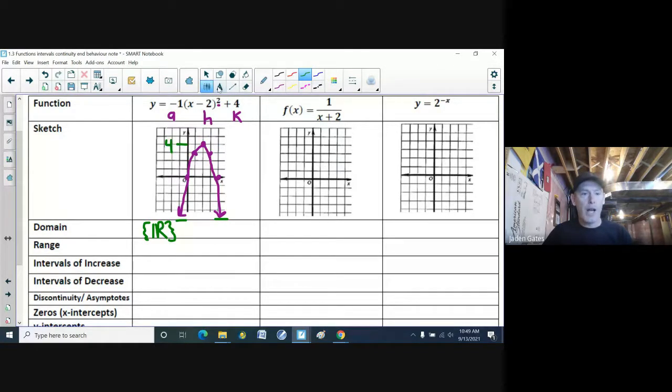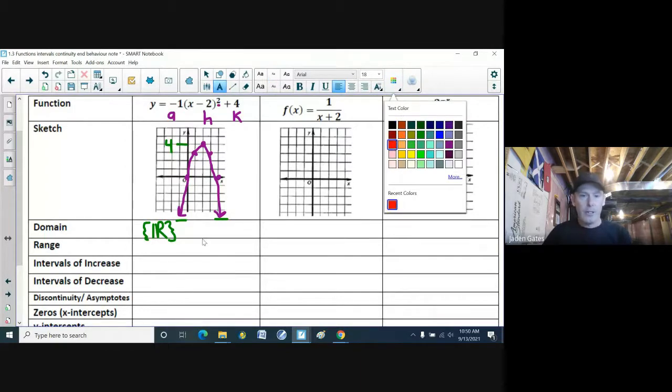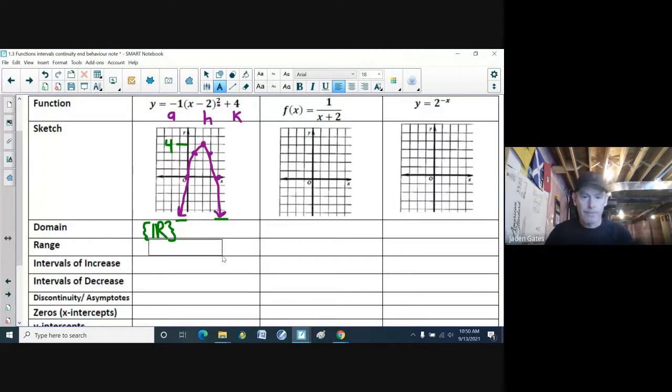And so for my range, let me get a little different color here. Oh, I forgot to use my little domain notation here, little d. There we go. Just make it a little prettier. All right. Now the range, again, is all the possible y values.